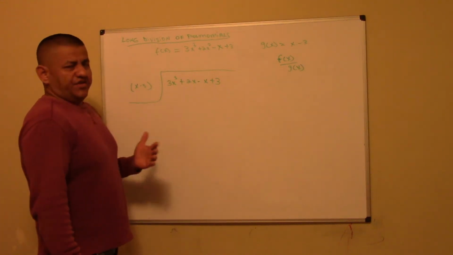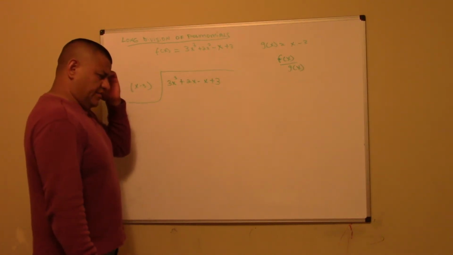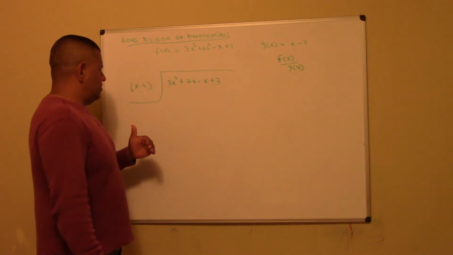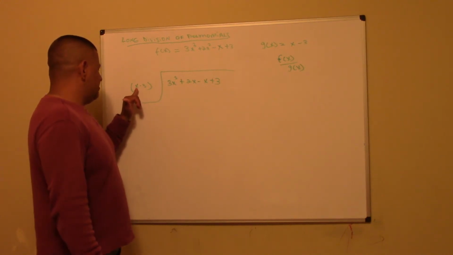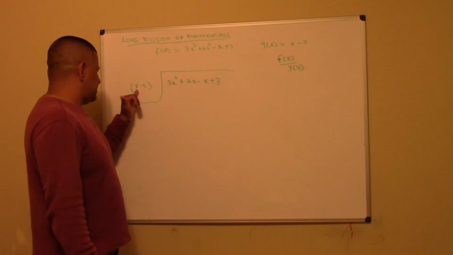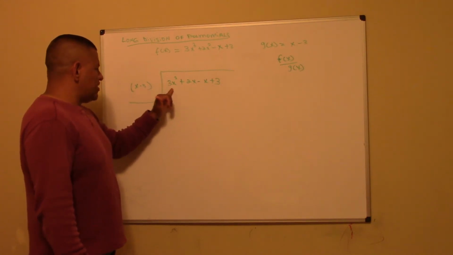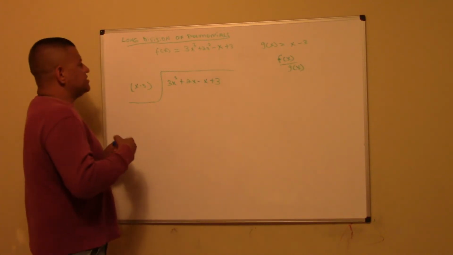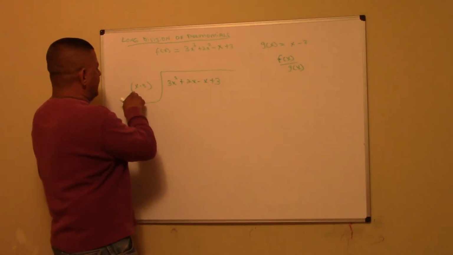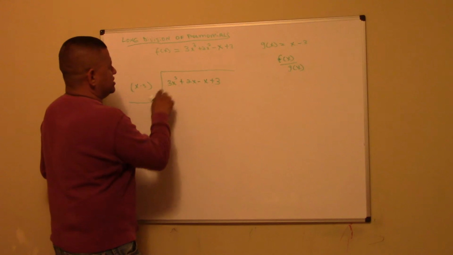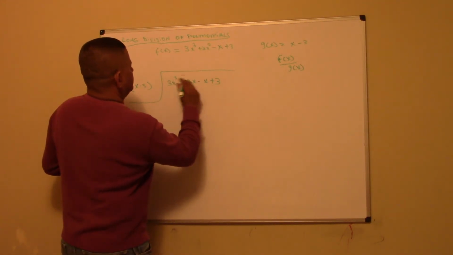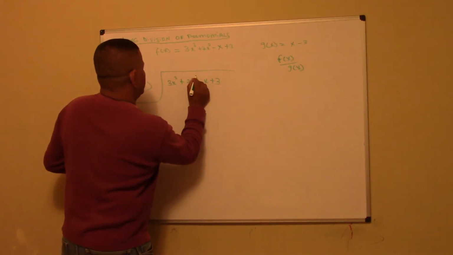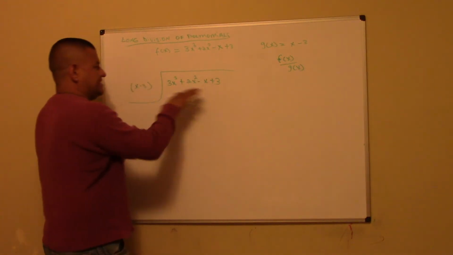The way that we do this is we think in terms of what number I multiply x by to get 3x cubed. I'm sorry, this is 2x squared, sorry about that. Now it's in descending order.